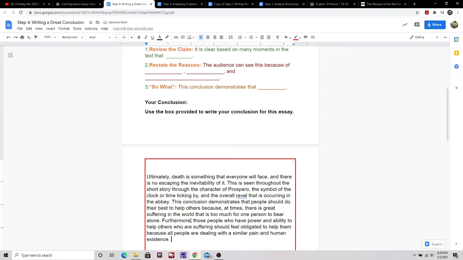Okay, so I get pretty philosophical here. I say, furthermore, those people who have power and ability to help others who are suffering should feel obligated to help them because all people are dealing with a similar pain in human existence, right? I think it's Gandhi who says that you should be good to other people because you never know who's carrying a heavy burden. You might see that on a bunch of inspirational posters.